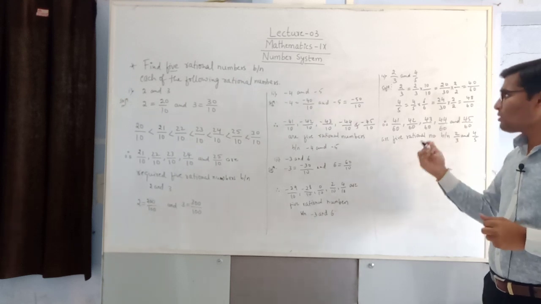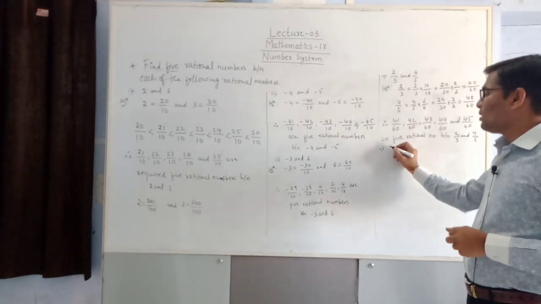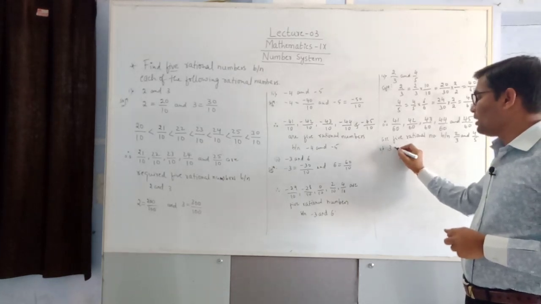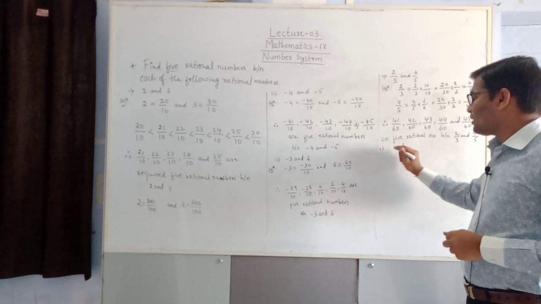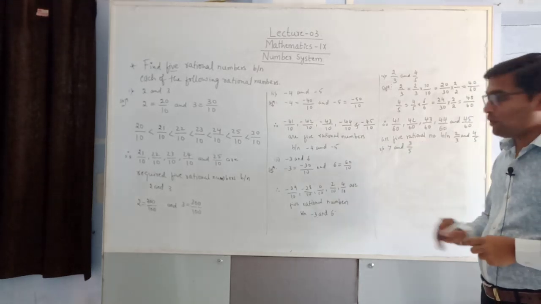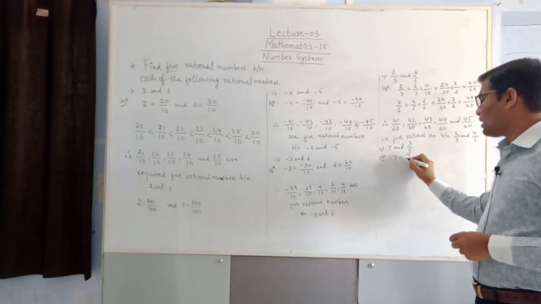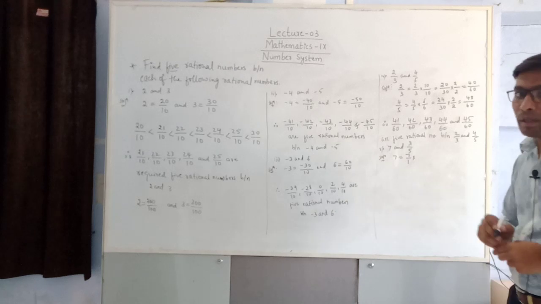In the same way, how to find when one of the given rational numbers is an integer and another is in the p by q form. Same as before, first convert the given integer into the p by q form.